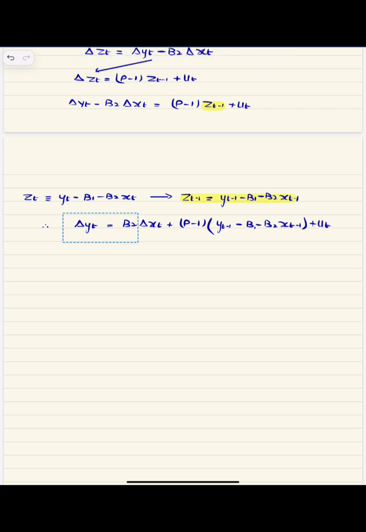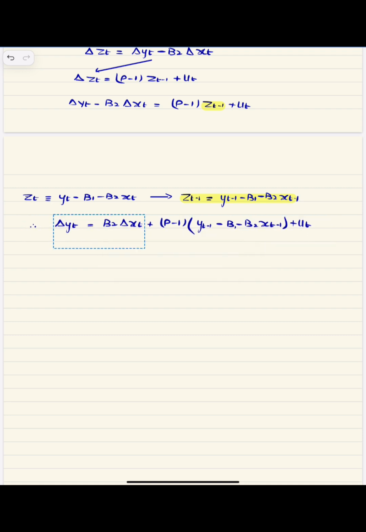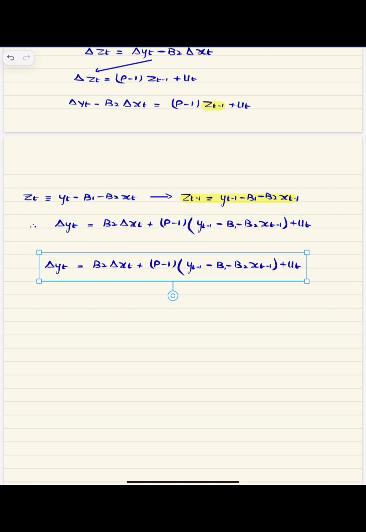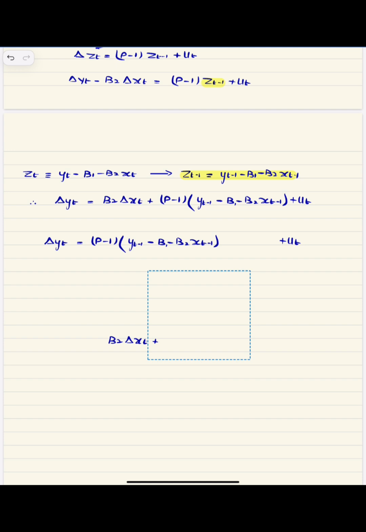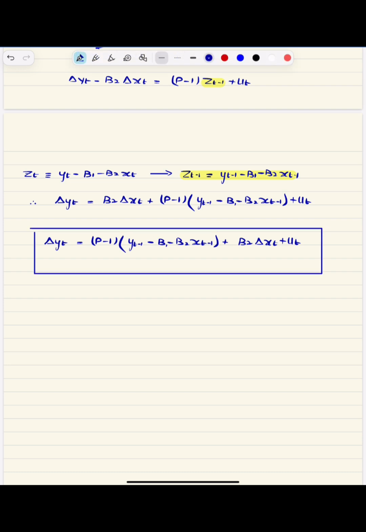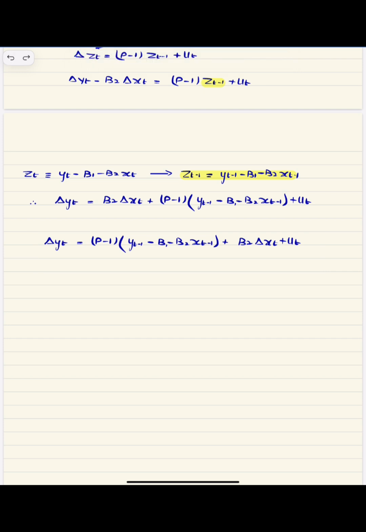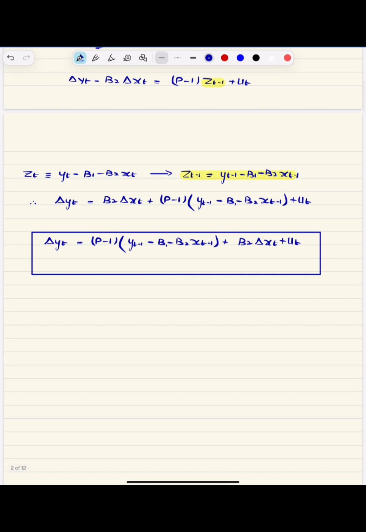So this equation is the ECM. Let me highlight this because this is important. We can rearrange it so that we can write it like this. This is what basically tells us how y will adjust towards a long-run equilibrium after any shock.